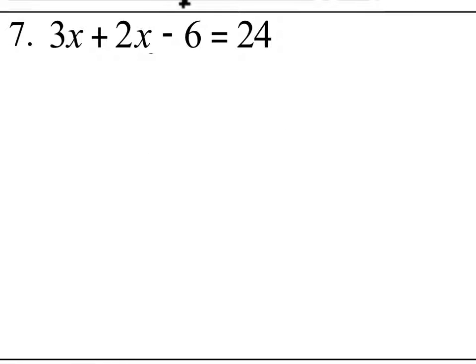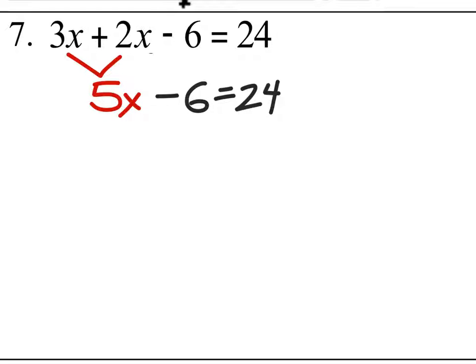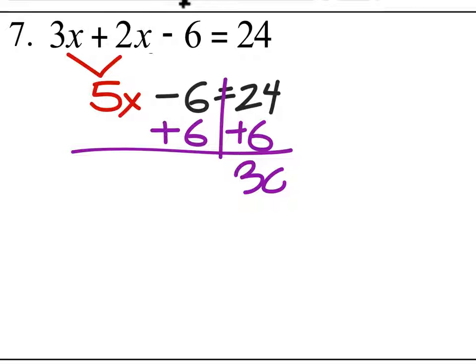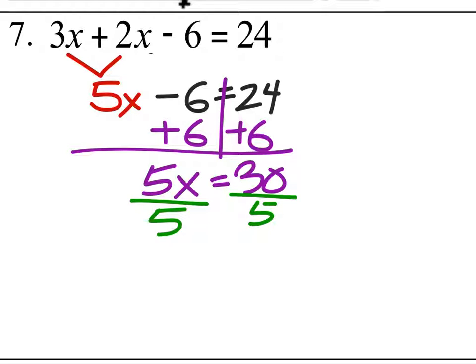So going back here, we would combine like terms, the 3x and the 2x, which would give us 5x. Then we would subtract 6, and this should equal 24. So solving, we'll add 6 to both sides. And we get 30 equals 5x. And then to solve, we'll just divide both sides by 5. And we see that x is 6.